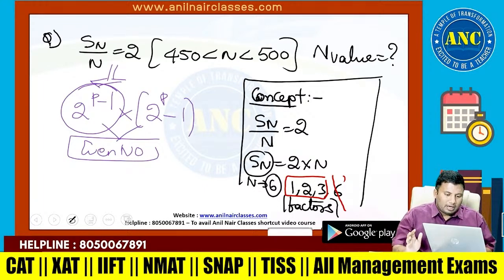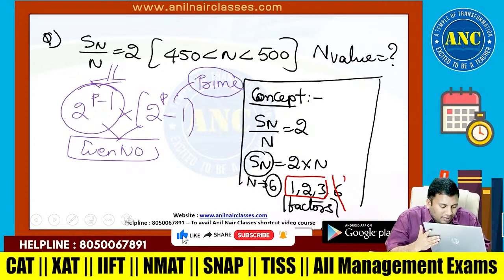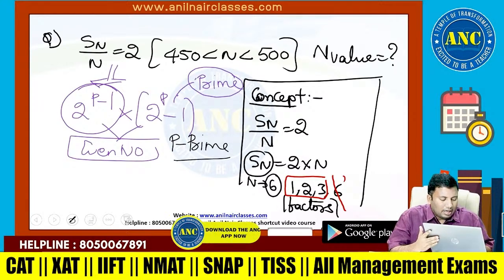So p value 2 is not possible, p value 3 is not possible. The entire catch is that 2 power p minus 1 must be a prime number, and that results in the p value being a prime number.